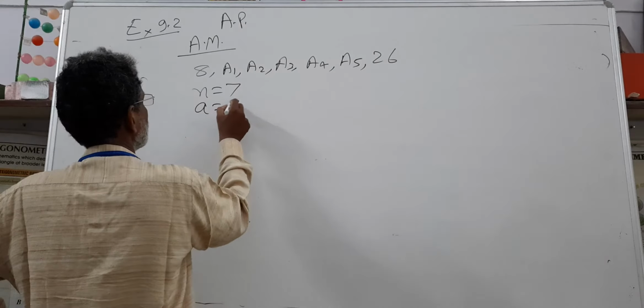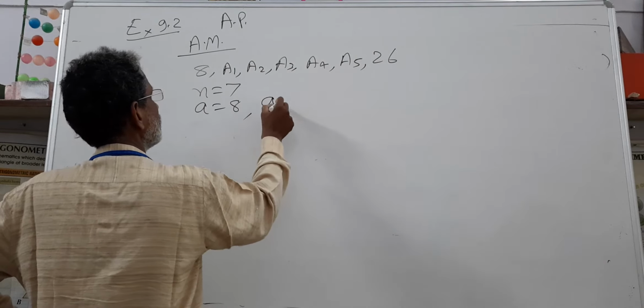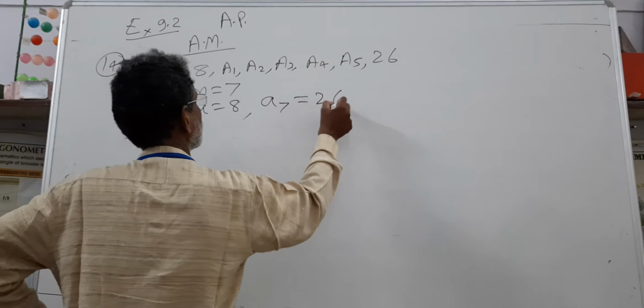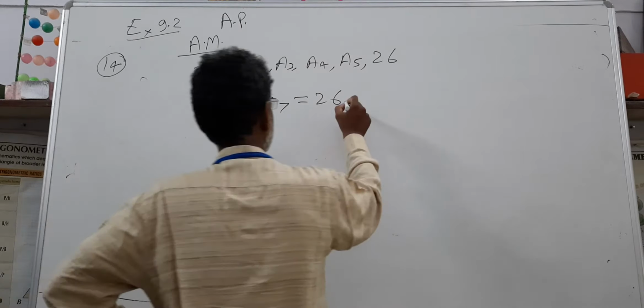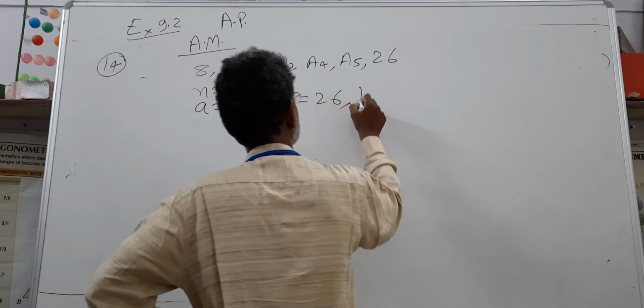A is equal to 8. A7 is equal to 26. All are known except common difference.